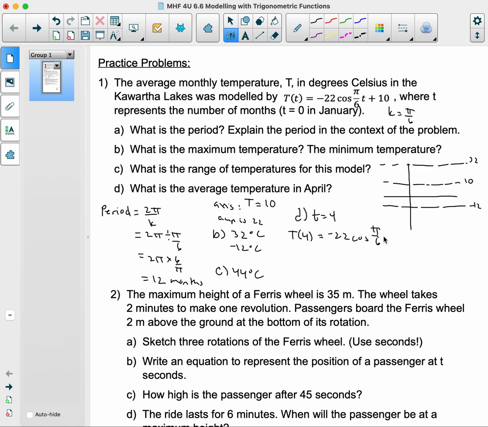So pi by 6 times 4 plus 10, negative 22, the cos of 2 pi by 3 plus 10. And remember that we know how to find a value for that, or you can just plop it all into your calculator. I'm just going to hop up here.